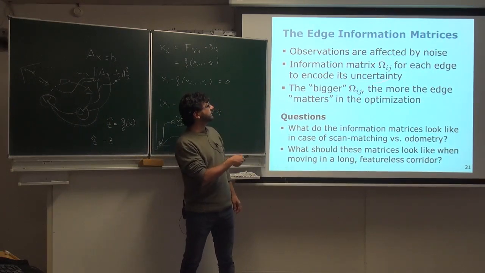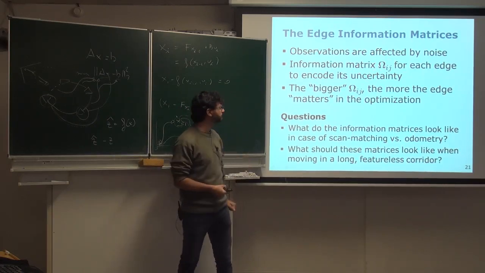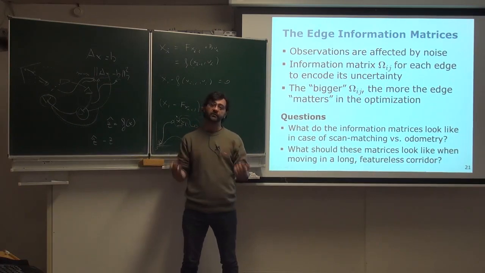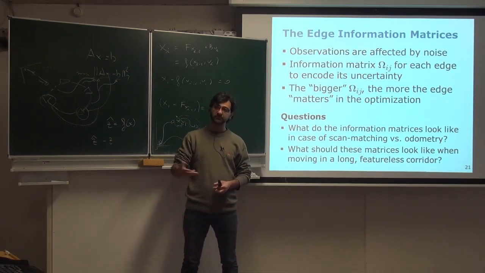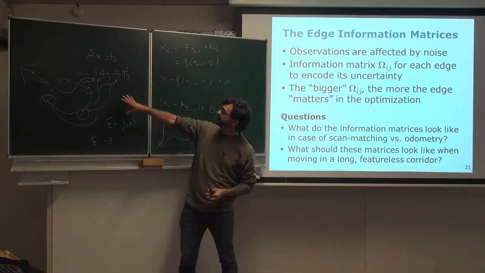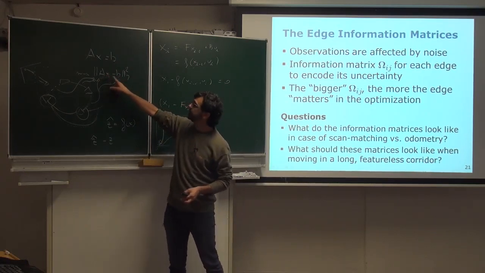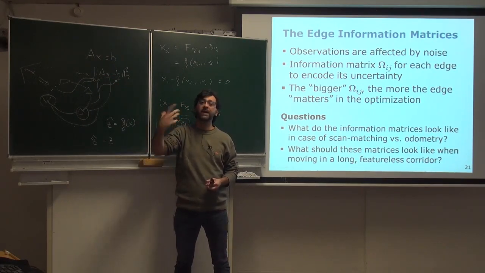With this information matrix, we encode the uncertainty of each edge. Ideally, the bigger the information matrix, the more certain this measurement is, and also the more we want to trust this measurement. In terms of optimization and least squares, this basically means that each of these individual equations in the least squares will be given a different weight.